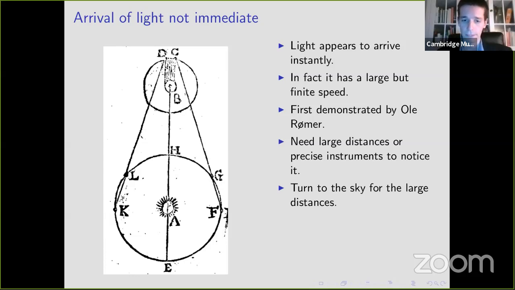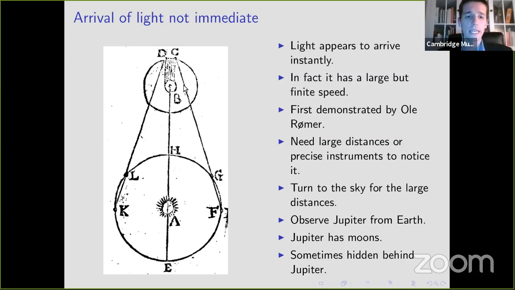So we turn to the sky for the large distances and observe Jupiter from Earth. Now Jupiter has moons orbiting Jupiter, and sometimes they're hidden behind Jupiter, so we can't see them because we only see light reflected from the sun, the sun being the only source of light.